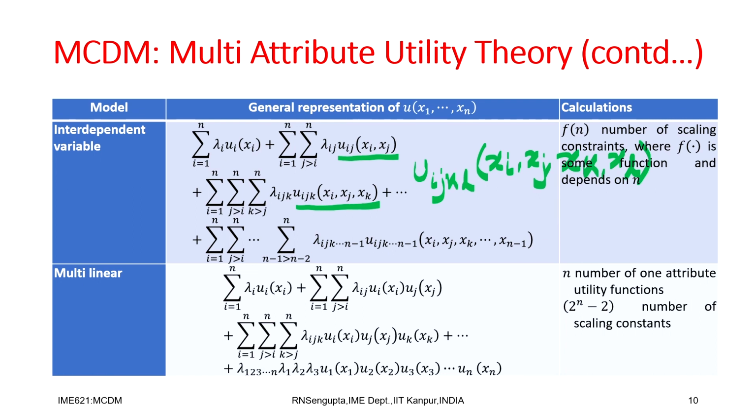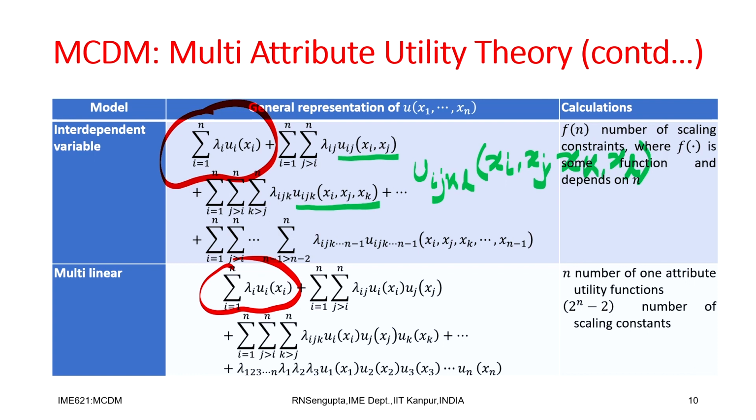In the multilinear one also, before I go to the multilinear one, so this would have become much clearer now. The first term is basically the simple additive utility function. For the multilinear case, you have again the first term is the additive one, and the factors which are there are built up.